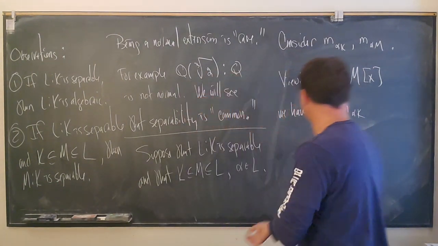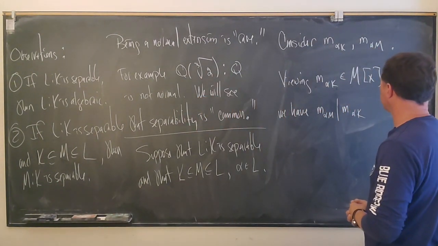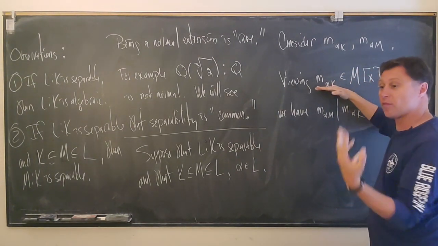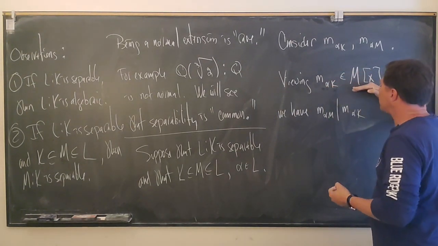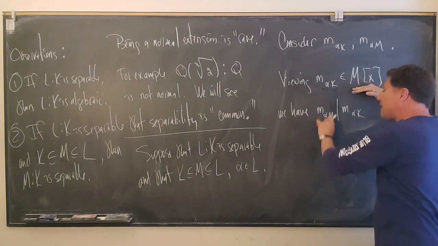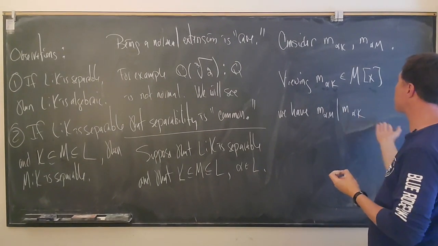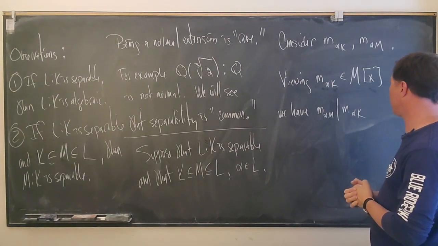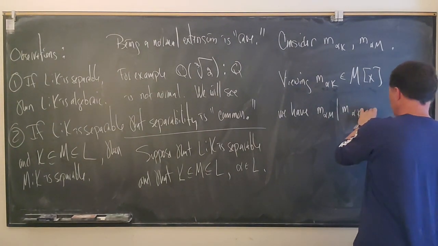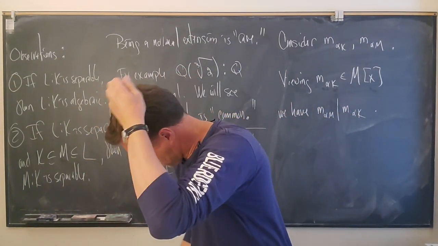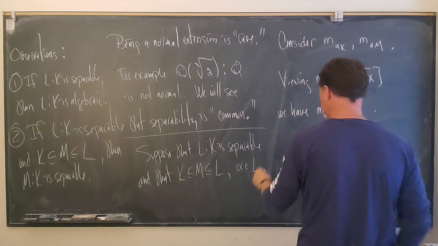Because M alpha K is a polynomial for which alpha is a root. If it's living in here, that means that it has to be in the ideal generated by M sub alpha M, right? Which means it's got to be a multiple of M sub alpha M.